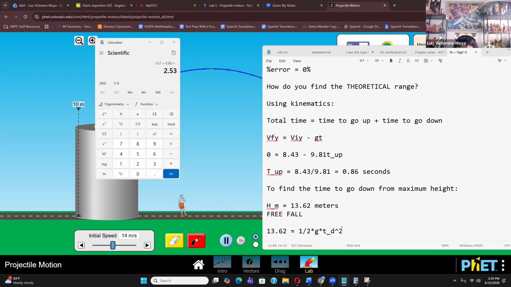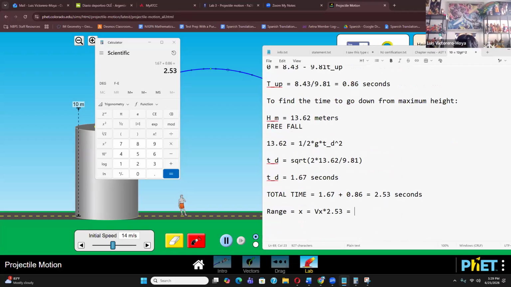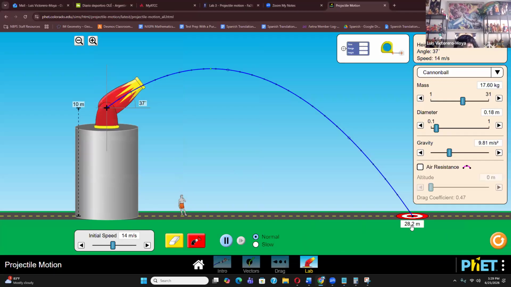But what's v on x? There, 11.18. So that's 28.29 meters. There you are. Perfect.